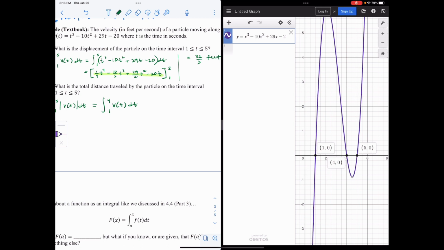So we could take the opposite. We would want to go plus, and then take the opposite, which will just end up being minus the integral from 4 to 5, okay? Because the integral from 4 to 5 would be that negative area that we've talked about. And we want to end up adding the opposite of that value.